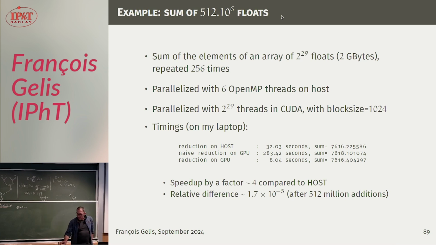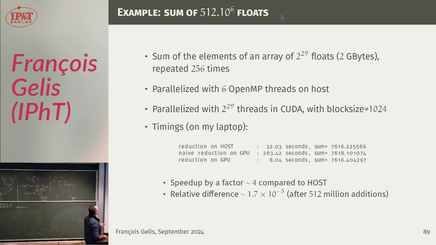So I have 3 versions of this reduction. One which is running on the host, so on my laptop that has 6 cores, with OpenMP. One with the naive CUDA version, which I already showed you, which performs very poorly, and one which is implemented according to this 3-layer strategy I explained now.